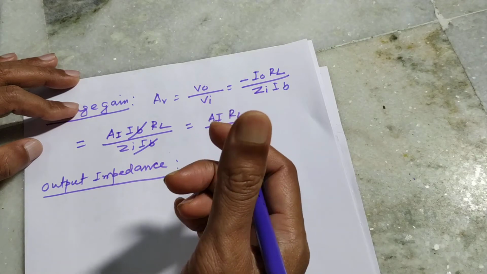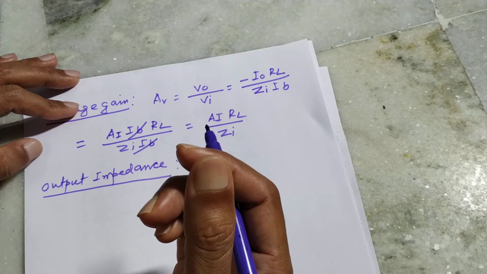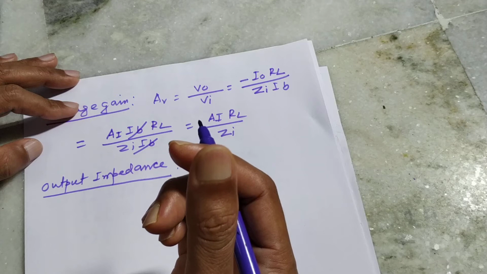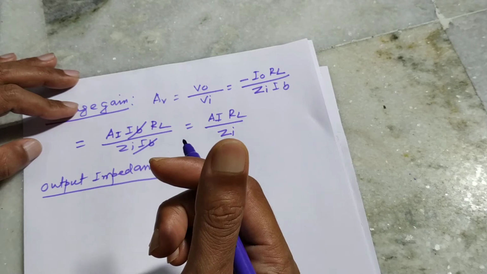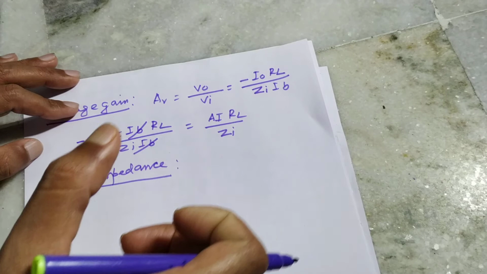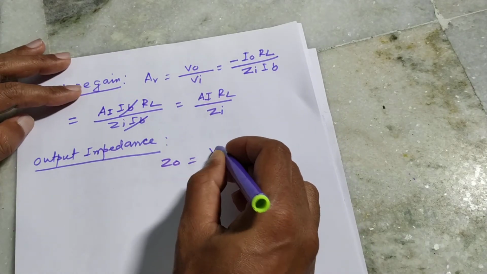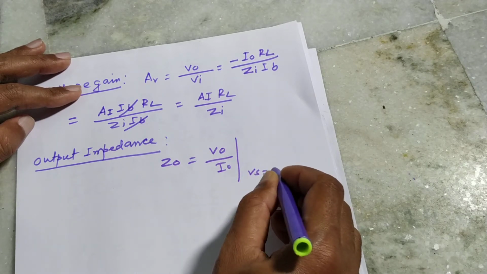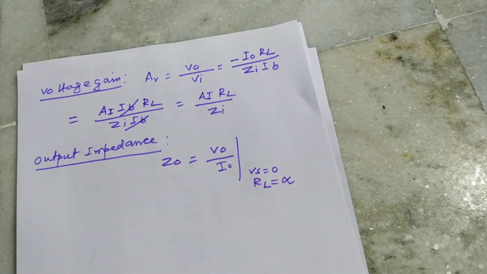Actually, for the calculation of the output impedance we have to replace the AC source by the internal resistance of the source and remove the RL. So the output impedance Z0 is equal to V0 by I0, and Vs will be 0 and RL will be infinity. Okay.